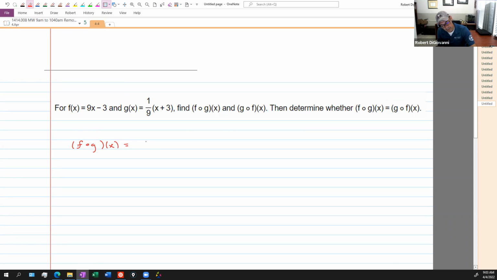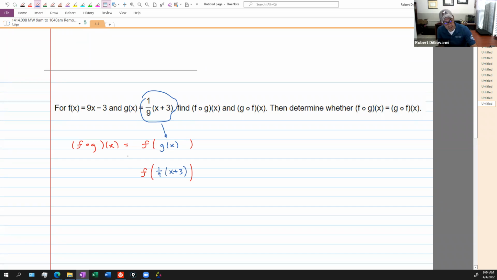So to do that, what that means is I take the f function. Inside of the f function, I'm going to place the g function. So here's our g function right here. That's going to go in right there. So we're going to do the f function with g plugged in, 1/9 x plus 3.